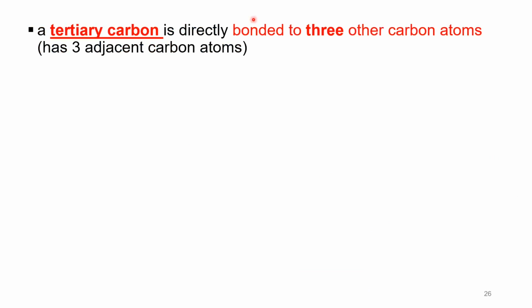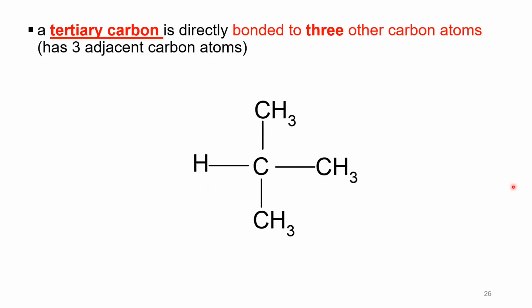A tertiary carbon is directly bonded to 3 other carbon atoms, which means it has 3 adjacent carbon atoms. Look at this example. This carbon is a tertiary carbon because it is attached to another 3 carbon atoms.